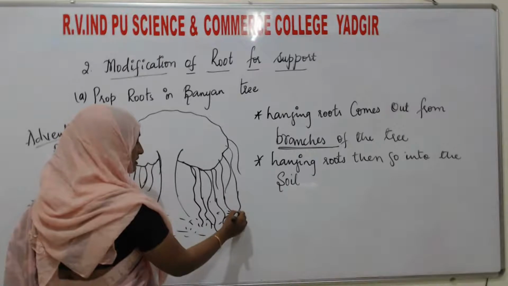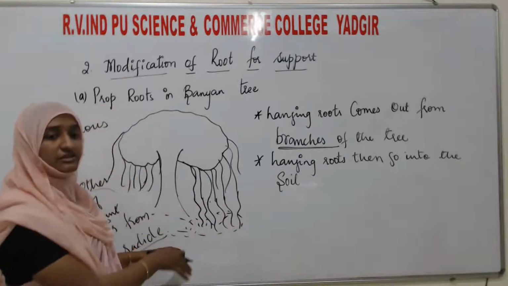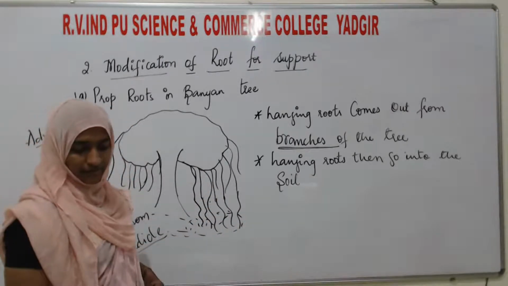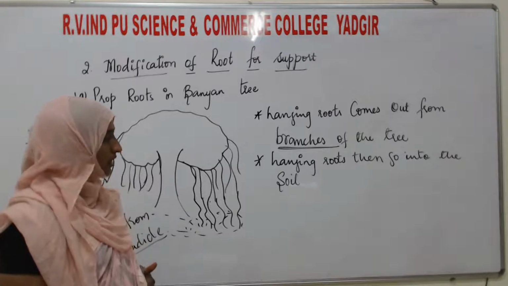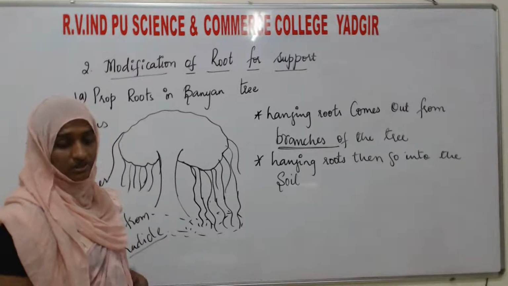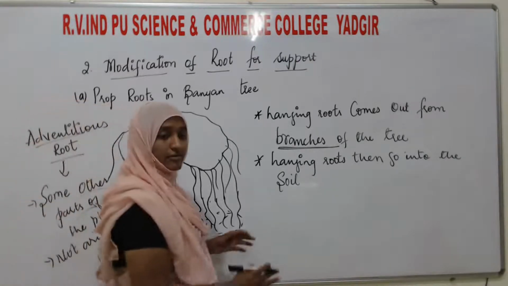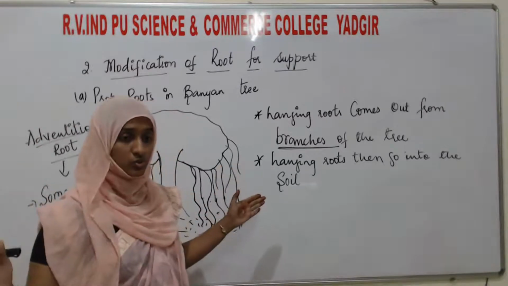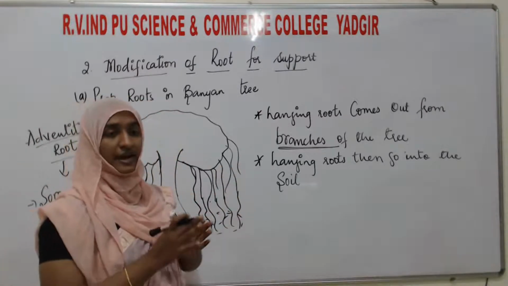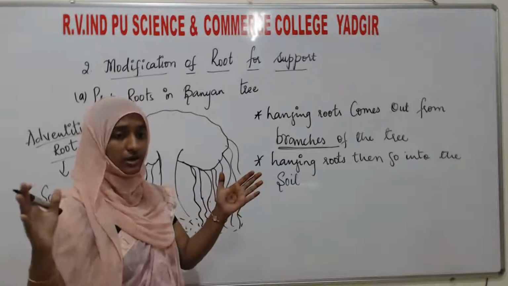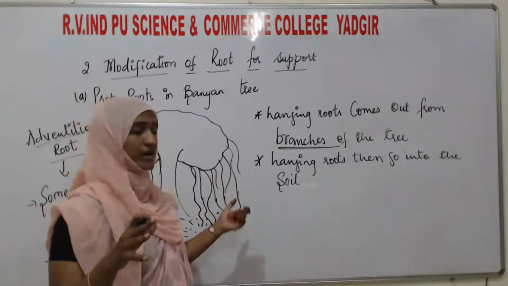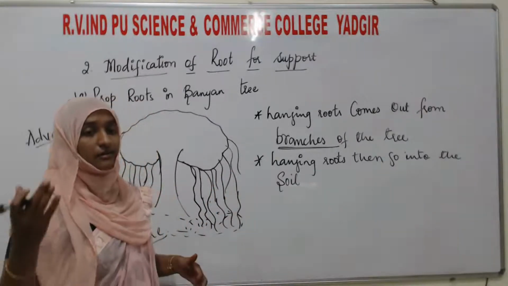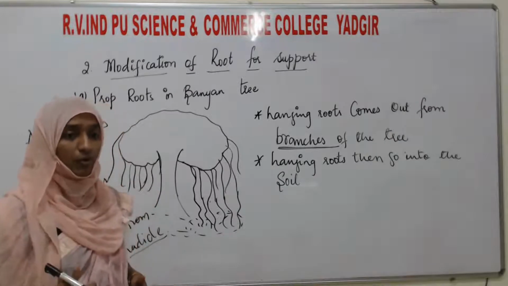For what reason is it emerging into the soil? It is to provide additional support to the banyan tree, because the banyan tree is so huge. It has spread over so much space that it needs extra support.